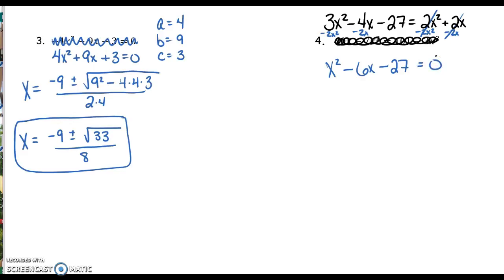All right. Now, let's figure out our a value is 1. See how x squared has nothing in front of it? That means there's a 1 in front of it. Our b value is -6, and our c value is -27.